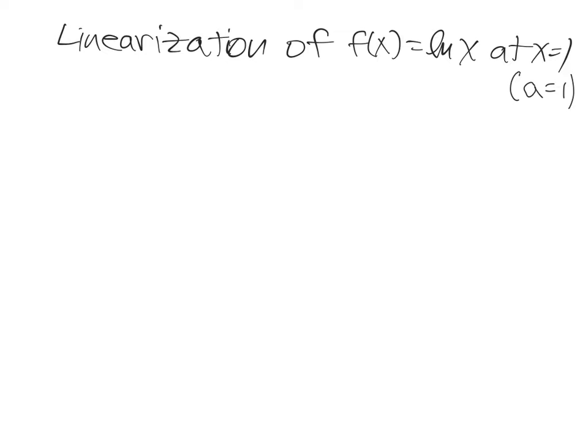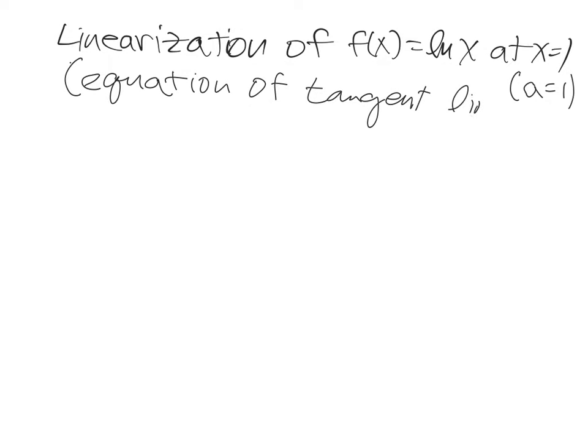And linearization, well, that again is just the equation of the tangent line. Now their formula looked a little bit different than what we think of when we say equation of the tangent line, but that's essentially what it is.